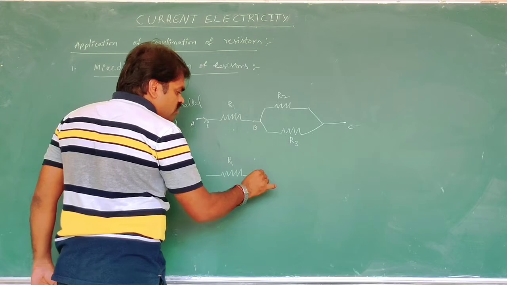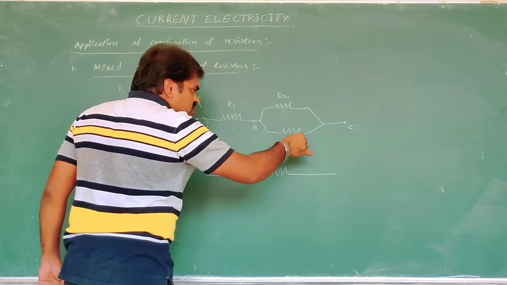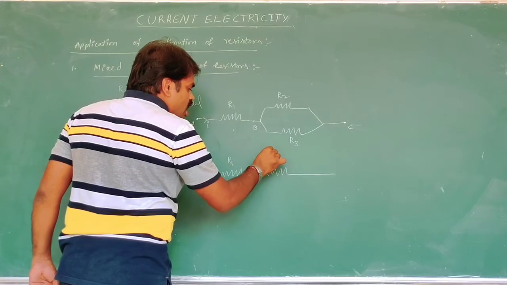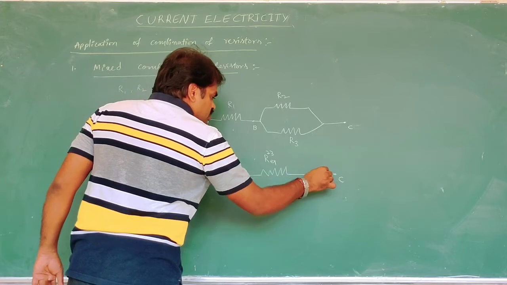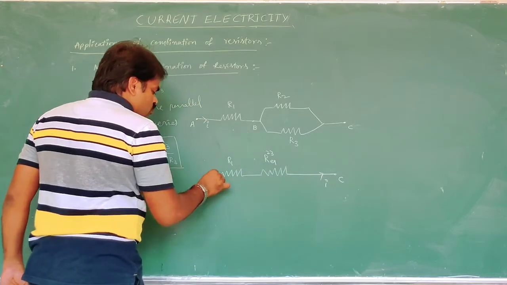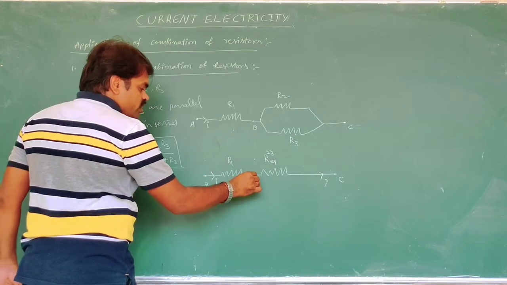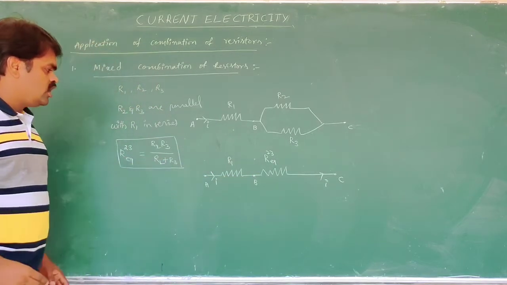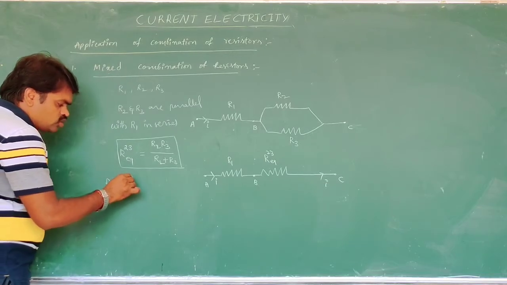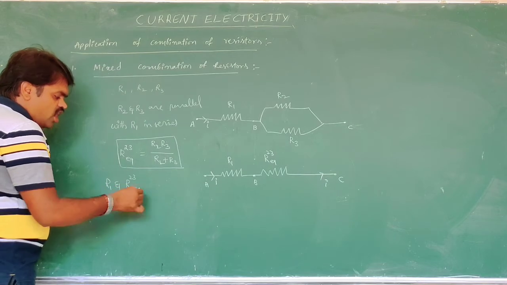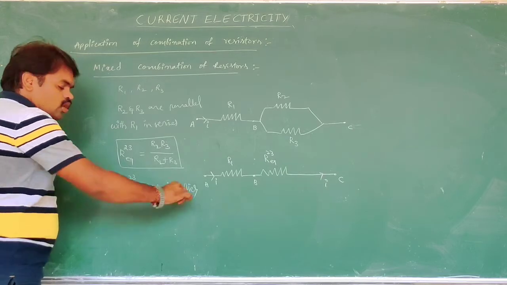It is R1, and the equivalent of this combination of resistances is R equivalent 2,3. Now it is C, this is A, and the current will be I. This is point B. Here R1 and R equivalent 2,3 are in series combination.